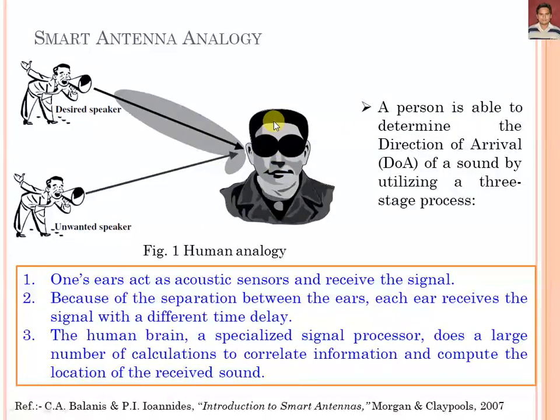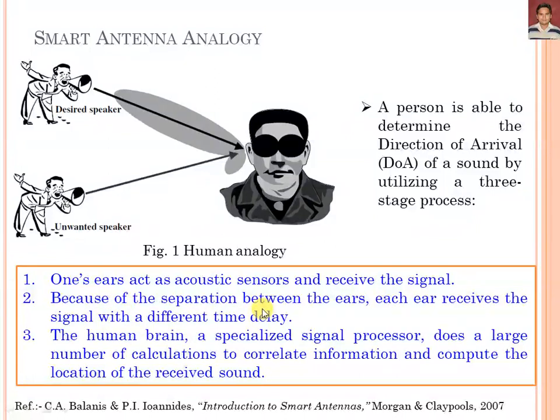So we can summarize this concept as finding the direction of arrival of the sound by utilizing a three-stage process. In the three-stage process, first the ears act as acoustic sensors and receive the signal.